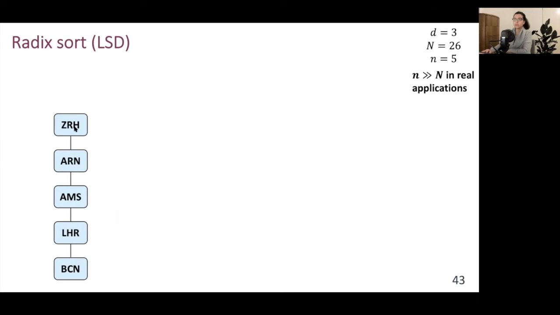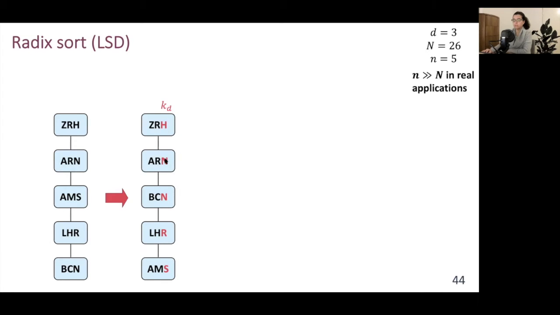We start with the least significant key, so the last one here on the right, and we sort based on that key. So our keys have been reordered in this way, and you can see that they are in non-decreasing order from top to bottom, if you only look at the last character.